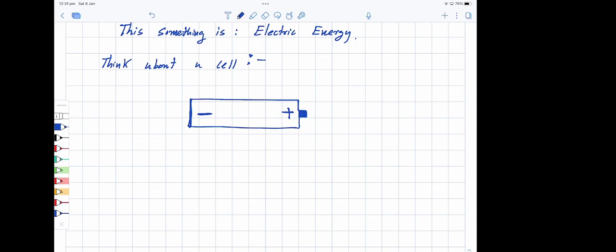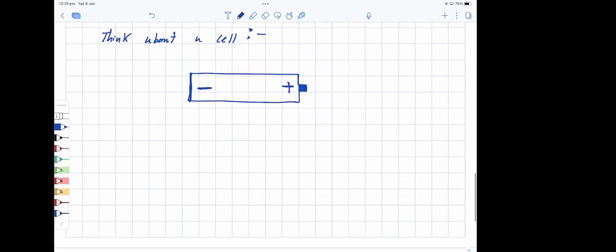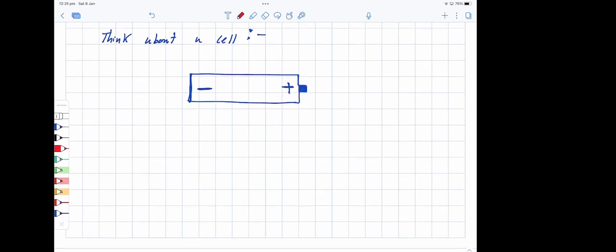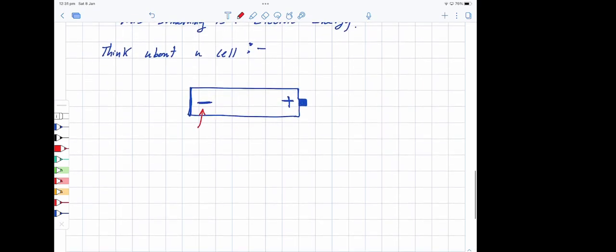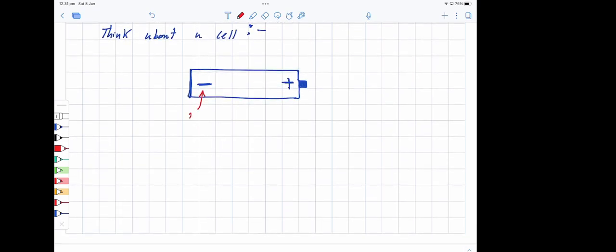Okay. Now, when you take a battery, you will see this negative and positive. What do you mean by that? This negative means electric energy, right? So more electrons in this terminal.